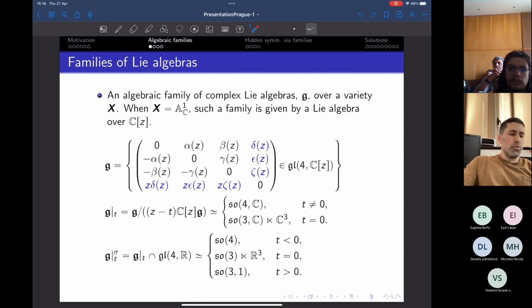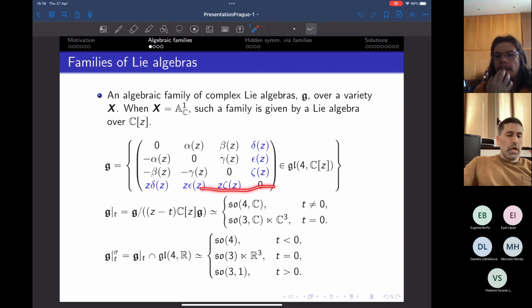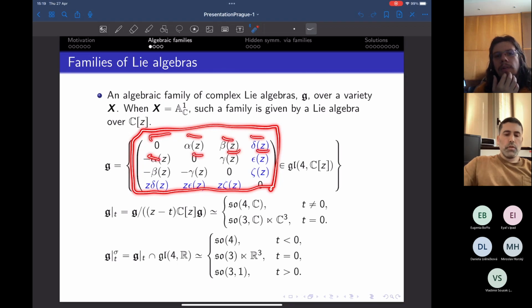Always for families, there are two involutions. There is an involution downstairs on the base variety, which in our case is just complex conjugation, alpha goes to alpha bar. And there is an involution upstairs, which in our case will be just entry-wise complex conjugation.